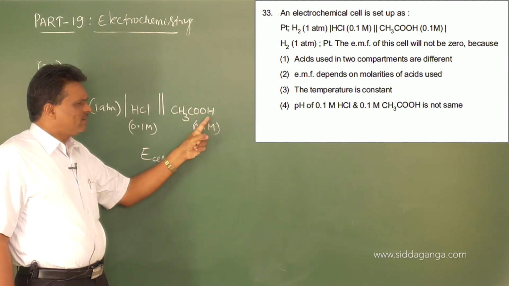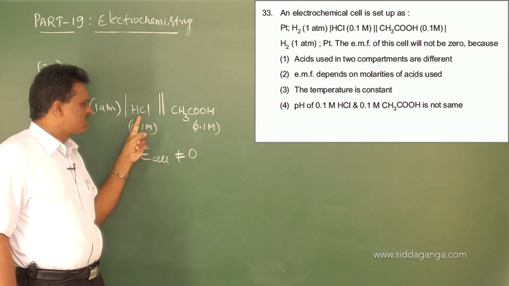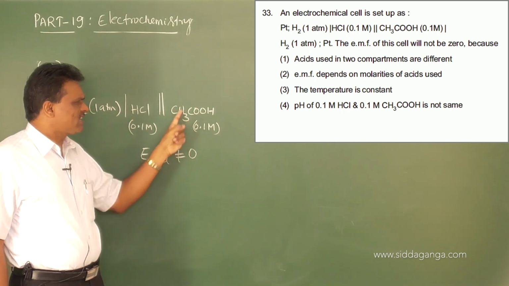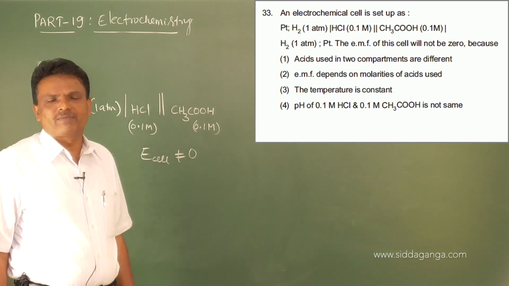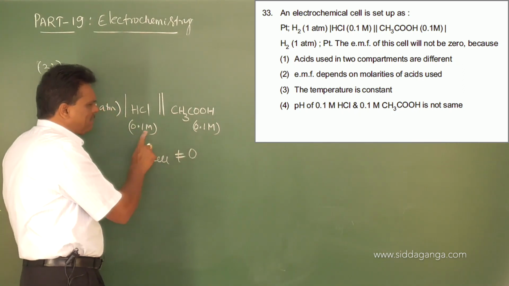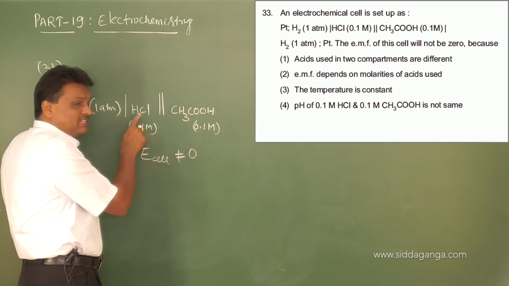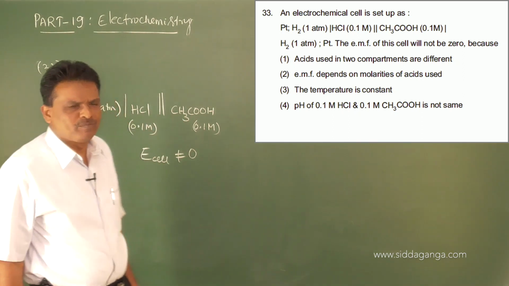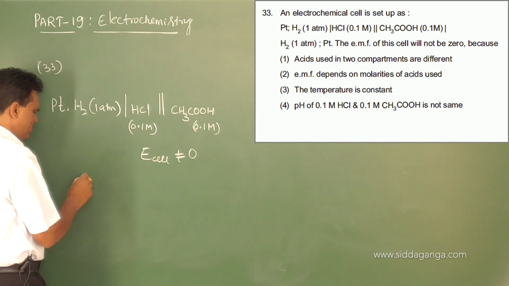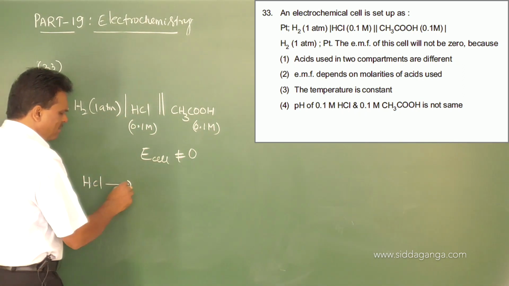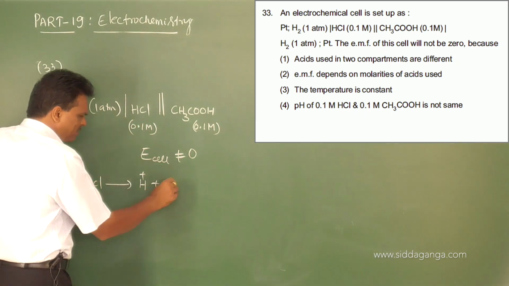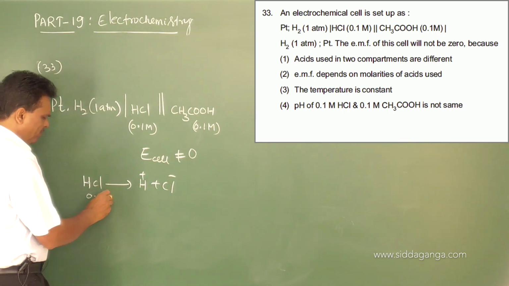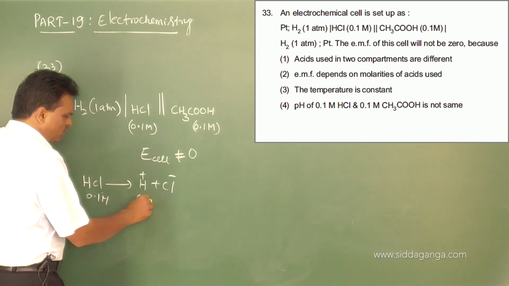Strength of H plus, strength of HCl, strength of acetic acid. Here concentrations remain same, but HCl is a strong electrolyte, acetic acid is a weak electrolyte. HCl is completely ionized to form H plus and Cl minus. So concentration of HCl is 0.1 molar. So therefore H plus is also equal to 0.1 molar.